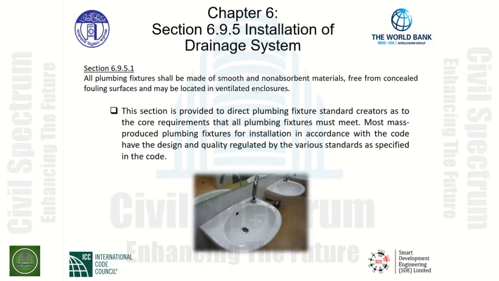Most mass-produced plumbing fixtures for installation in accordance with the code have the design and quality regulated by the various standards as specified in the code. We want a smooth, clean, non-absorbent surface to direct any discharge within the fixture downward into the drain and convey it safely and according to this particular section.